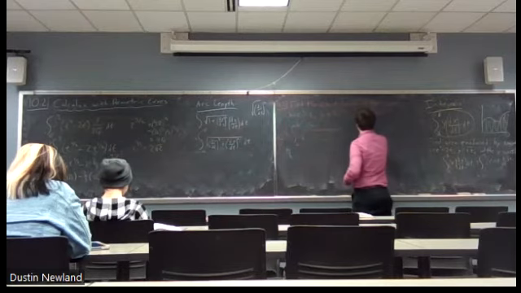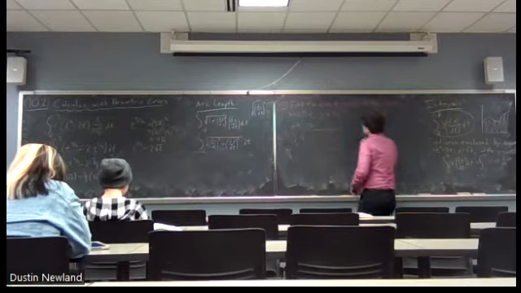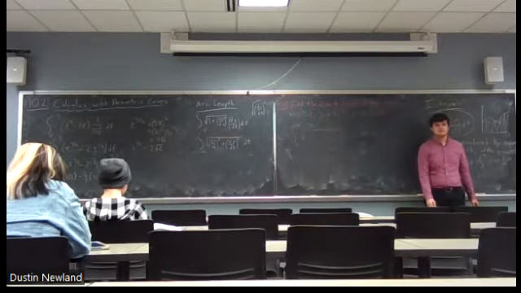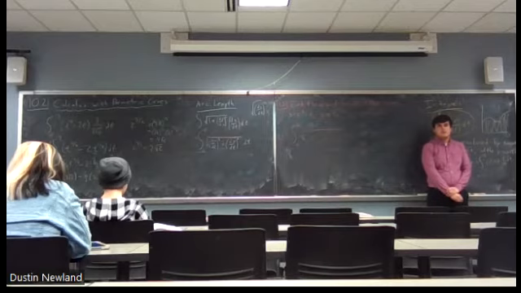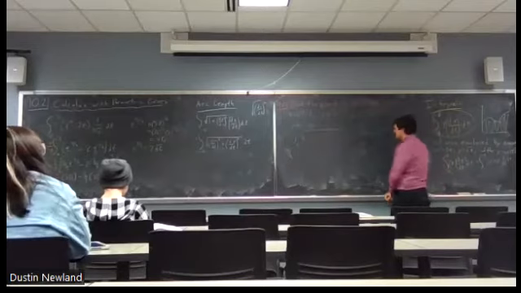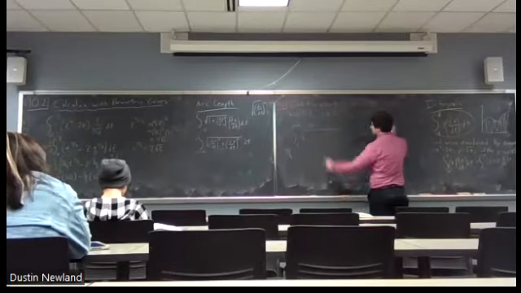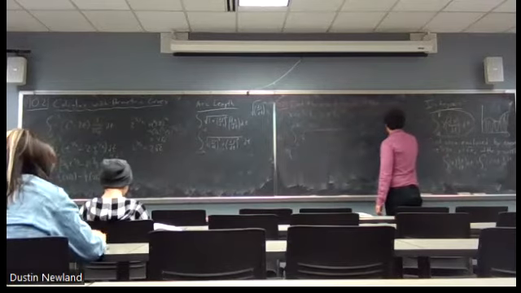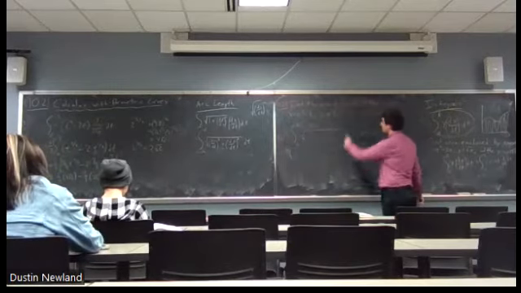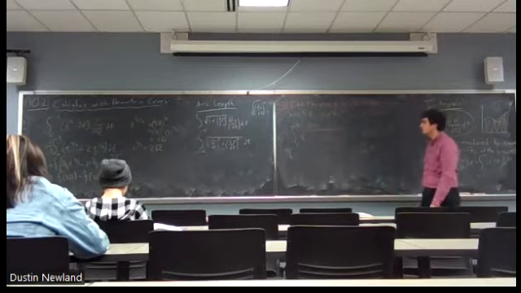We need dx over dt and dy over dt. So what is dx over dt going to be in this case? e to the t. We also have a minus t though. What's the derivative of t? Minus 1. Good. And we want dy over dt, which is 4e to the t over 2.